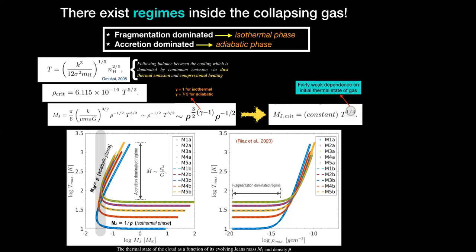So it's very tough for fragmentation to occur and to form self-gravitating objects in this adiabatic regime. Lots of fragmentation is expected in the isothermal regime, mainly because of this particular expression. However, if we consider one more aspect, there are different temperature values. From the blue to the green curves, each curve represents a specific temperature.